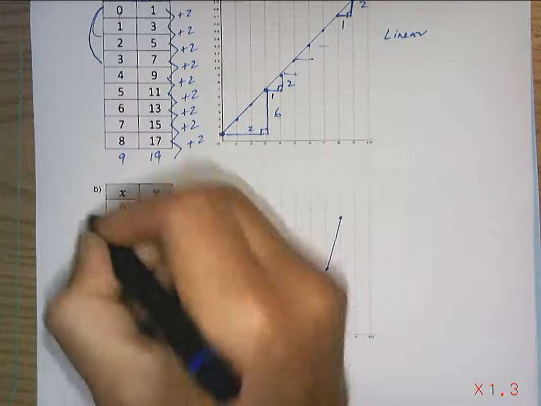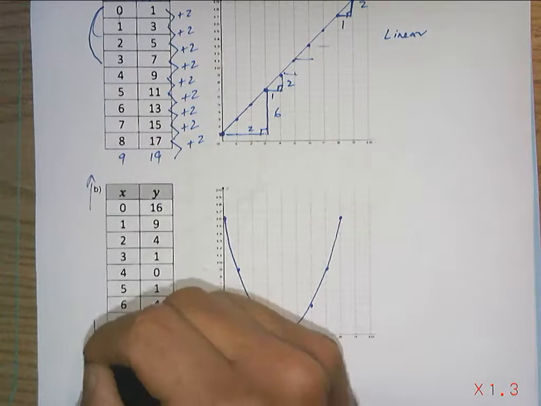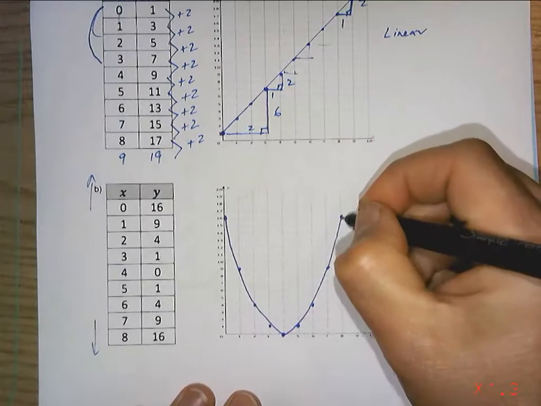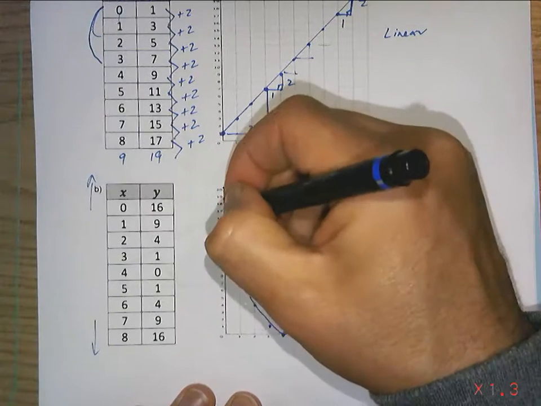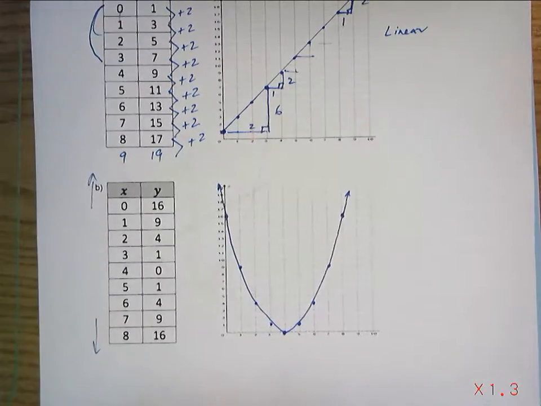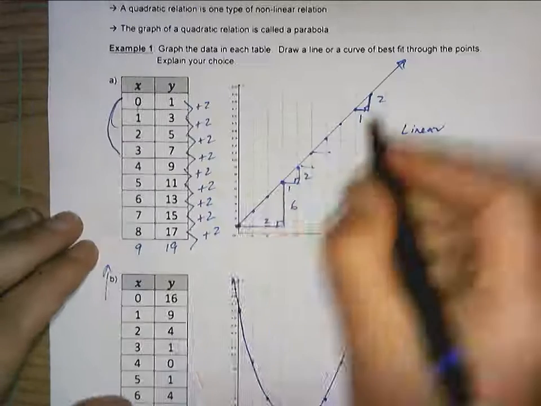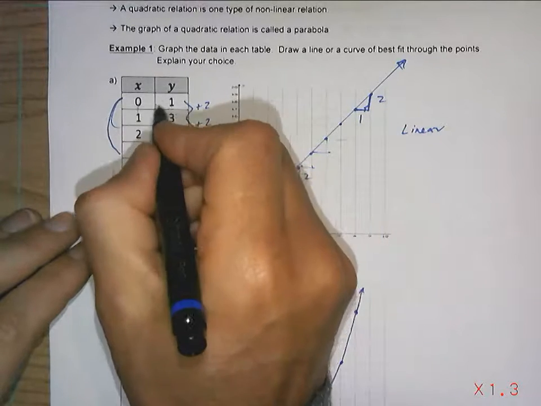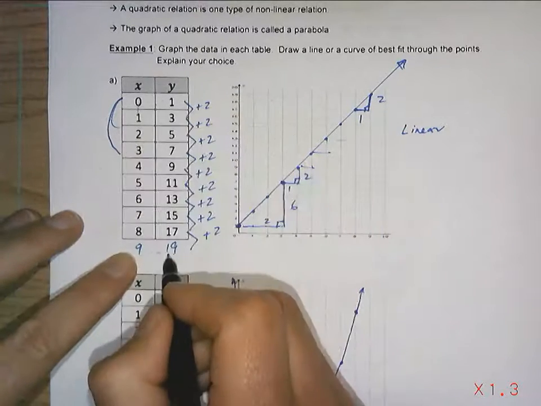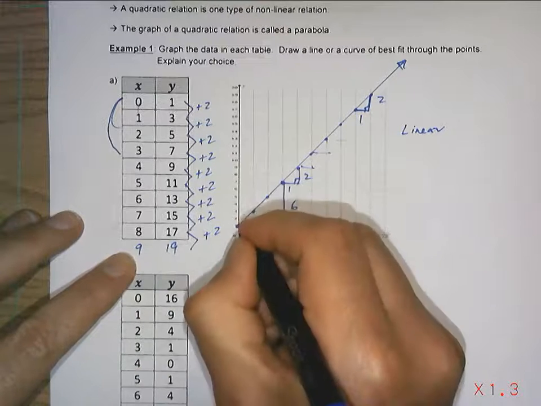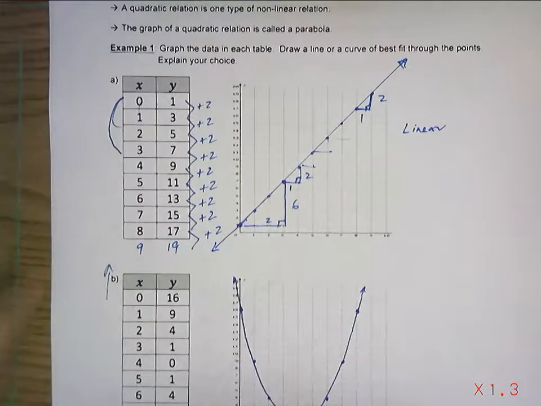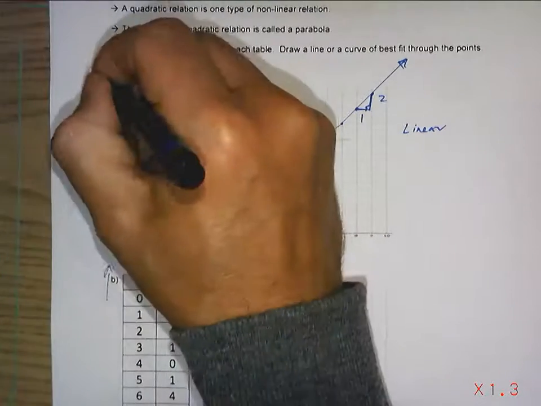Now, if I had chosen values that went this way and chosen values that continued on that way, I think we agree that the curve would continue. So I can put arrows on the end. And up here, I stopped at 0, 1 because that's where I started from, but I didn't stop at 9, 19, so really, I should continue, indicating that I could go on.